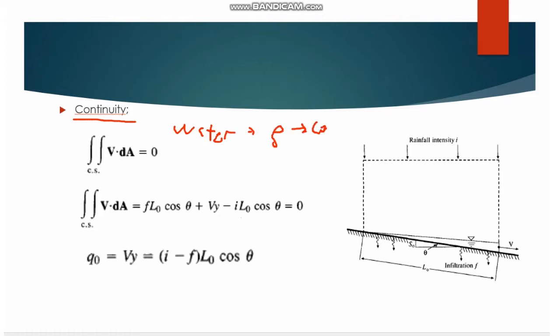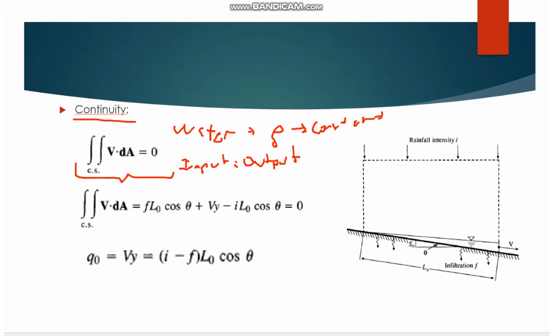When it's constant, we can take it outside, so we can simplify our continuity equation as the double integral over the control surface of V dA, the velocity multiplied by the infinitesimal area, is equal to 0, which is input minus output, or input is equal to output.